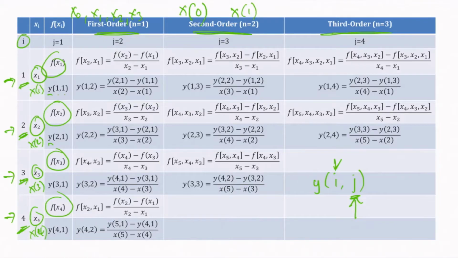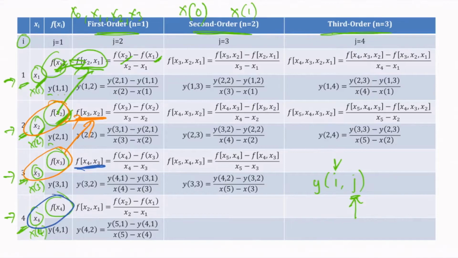In Newton's divided difference terms, we have for this term f of x2, which is what we have here, minus f of x1, which is what we have here, divided by x2 minus x1. So to get this, we need this. In the same way, to get this, we need these. To get this, we need these data points.